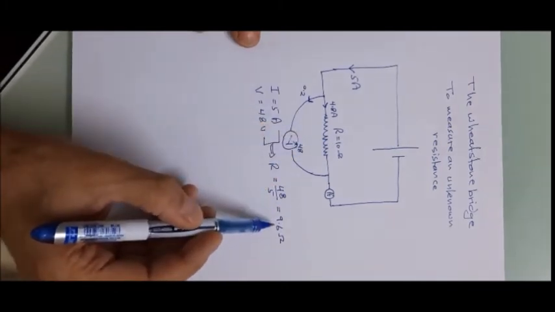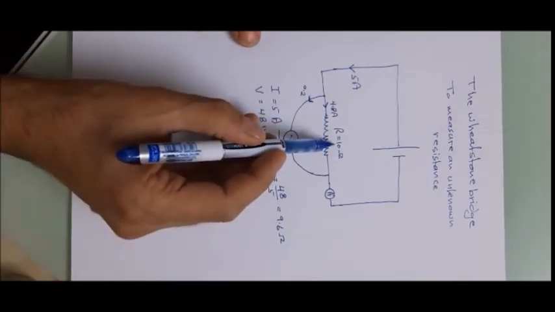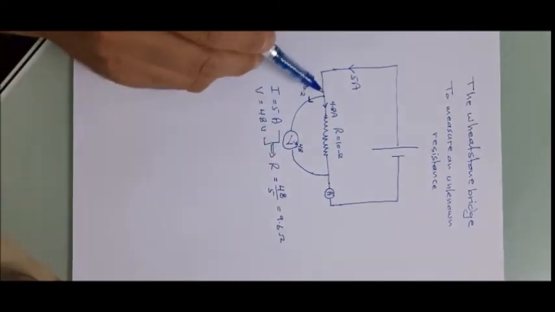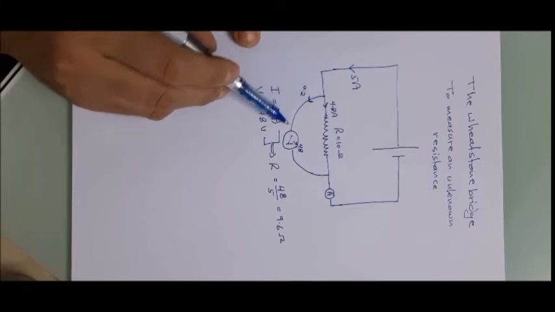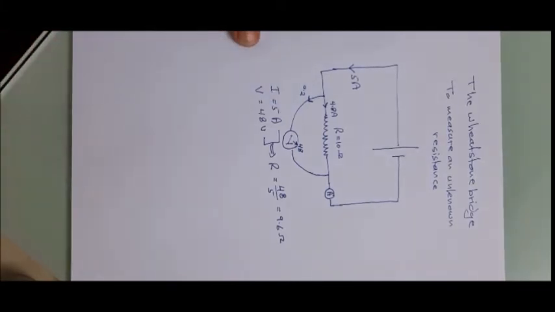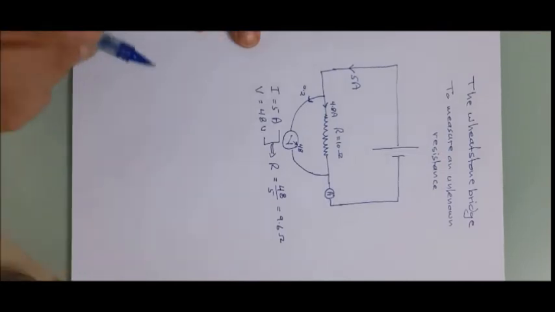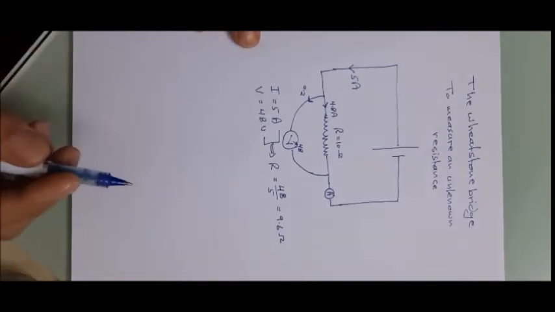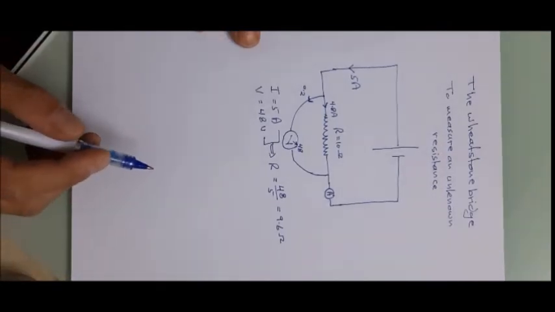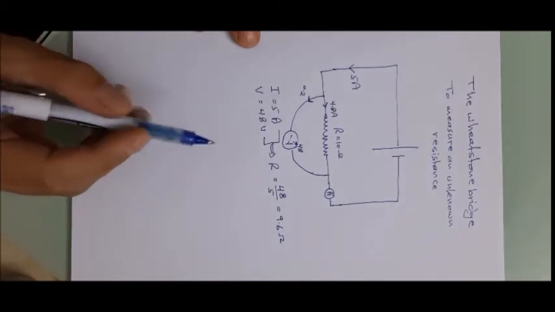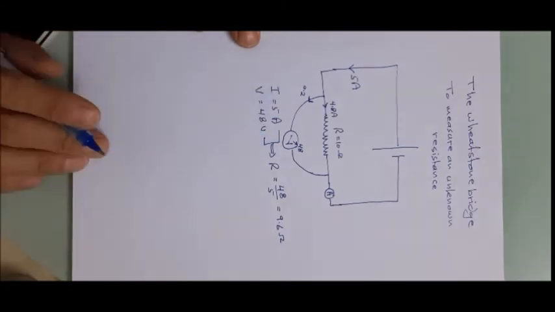It is 0.4 less than the actual value, and this error is caused by this small current that goes through the voltmeter. So it would be fantastic if we could measure the voltage without having a current passing through the voltmeter. And this is the role of the Wheatstone bridge. It measures the value of the unknown resistance without any current passing through the voltmeter.